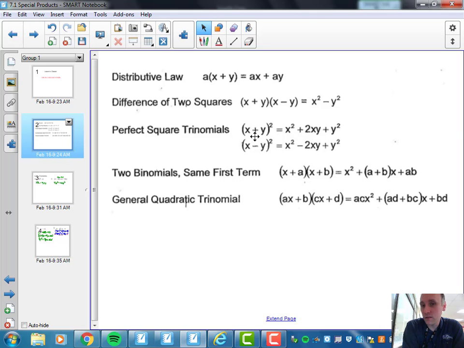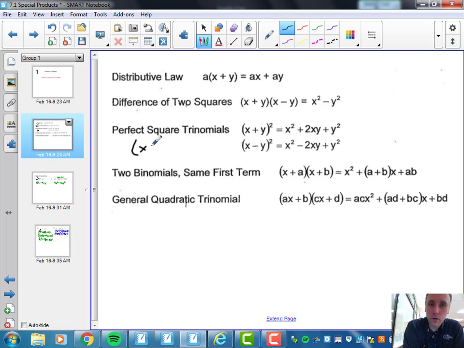Because if I think about this, this is really a FOIL problem where I'm doing x plus y times x plus y. Okay, because that's what x plus y squared means.